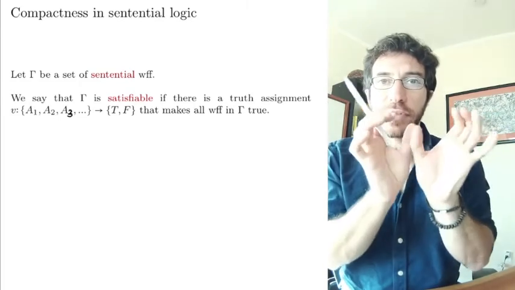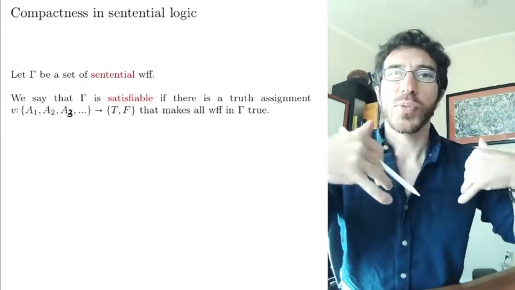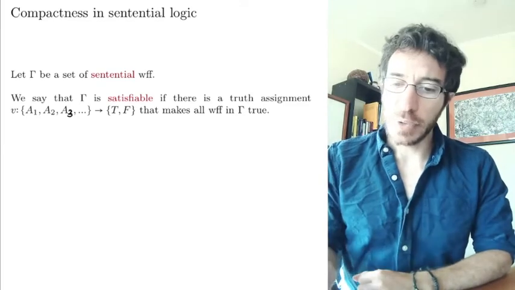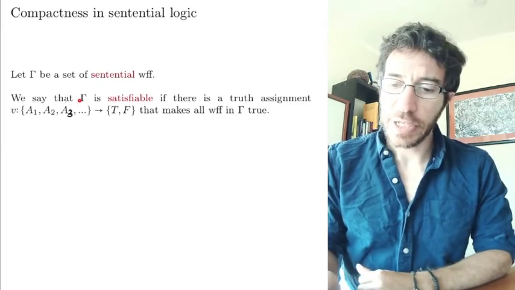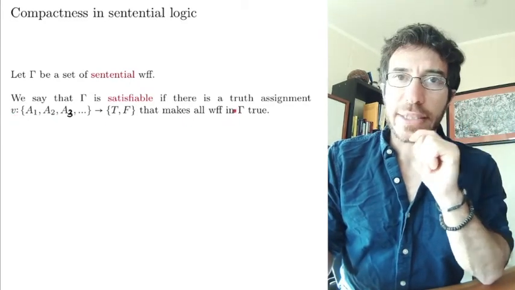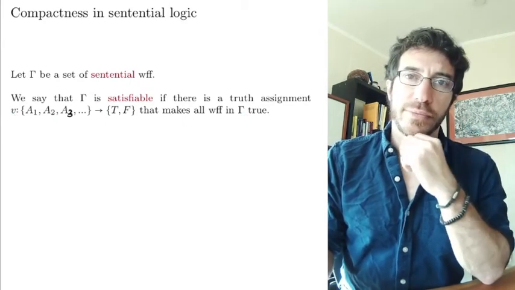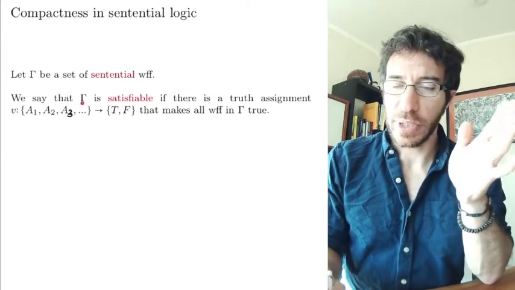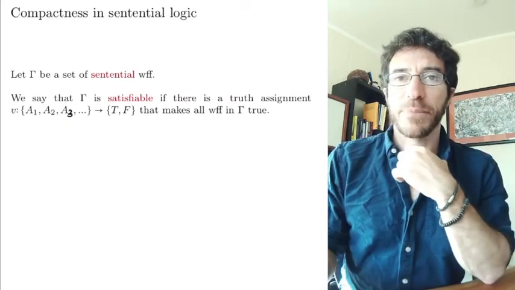Once the variables in the formulas are true or false, we can tell if the whole formula is true or false. So we say that this whole set of formulas is satisfiable if there is one truth assignment that makes all the formulas in that set true at the same time. It's one truth assignment that works for all the formulas in gamma at the same time.